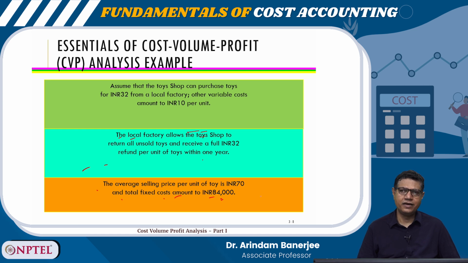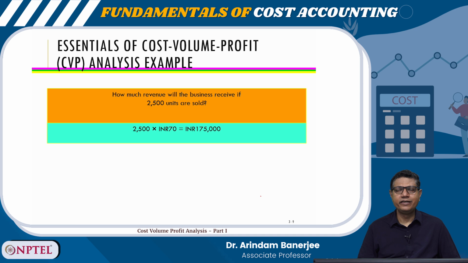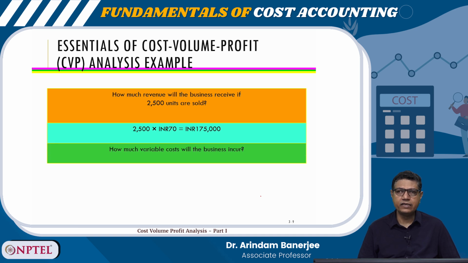So, I can calculate the contribution first. Now, the question is what? How much revenue will the business receive if 2,500 units are sold, right. So, 2,500 into 70, 70 is the selling price per unit, that is 1,75,000. So, how much variable cost?